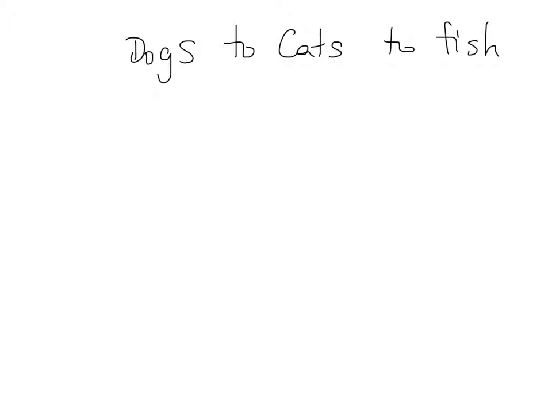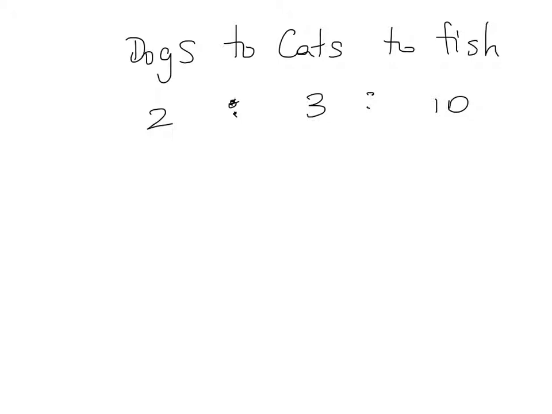If I said the ratio of dogs to cats to fish is 2 to 3 to 10, that means for every 2 dogs, there are 3 cats and 10 fish.